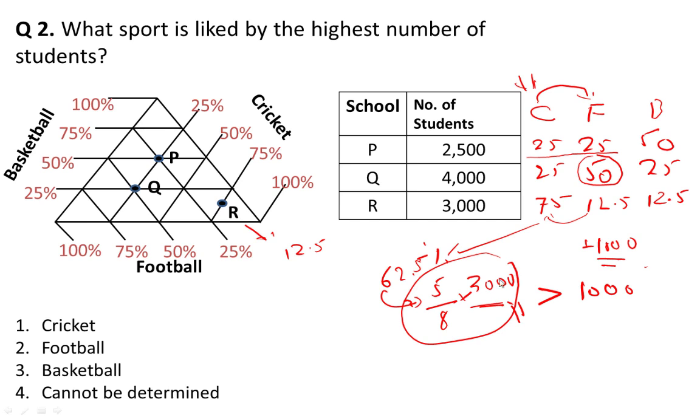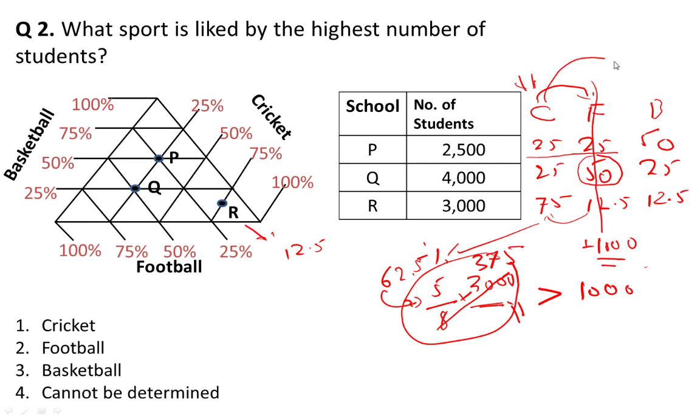If you are not comfortable, you can always work it out. These are not big figures. 375 into 5. Even 300 into 5 will be 1,500. So obviously this result is greater than 1,000. So I will eliminate football. Okay, move on to the next.